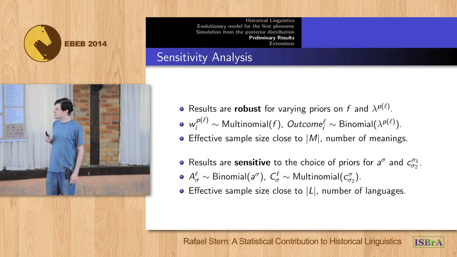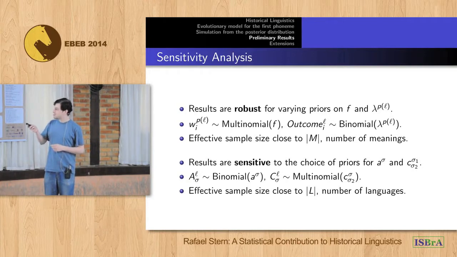And we also did a sensitivity analysis on our model to understand where the prior is being important. For this first test, we used the uniform prior, and it does badly in some cases, as I showed in the previous slide. And we found out that it's very robust for the priors on the frequencies on the root language and for the irregular outcomes.